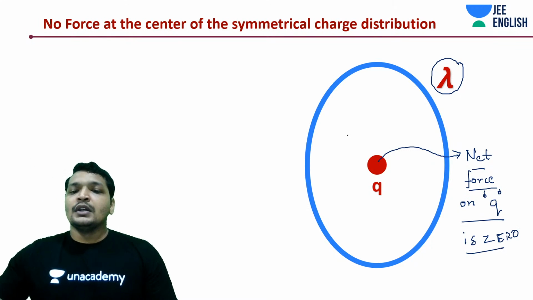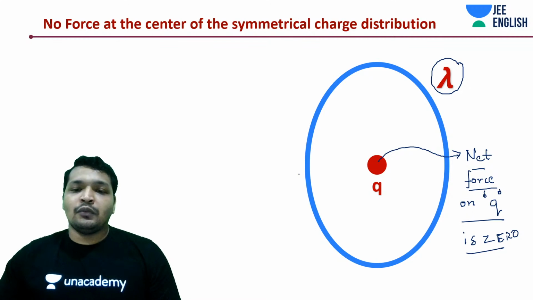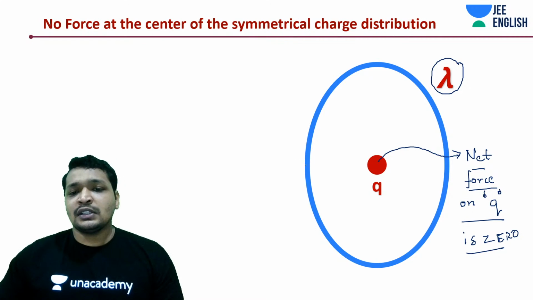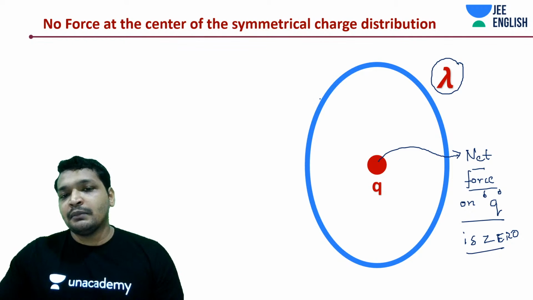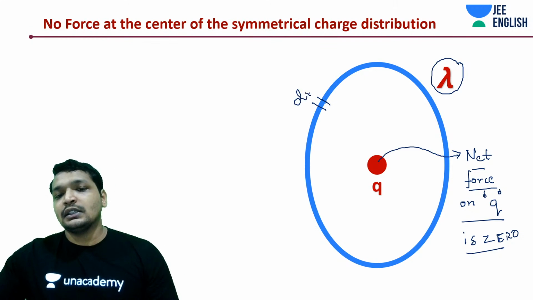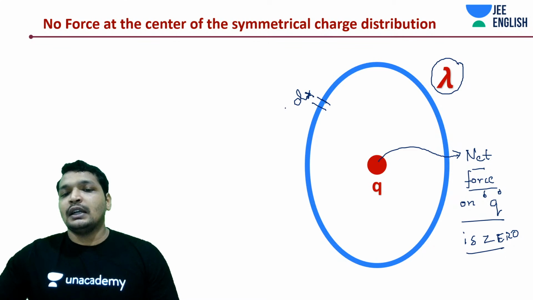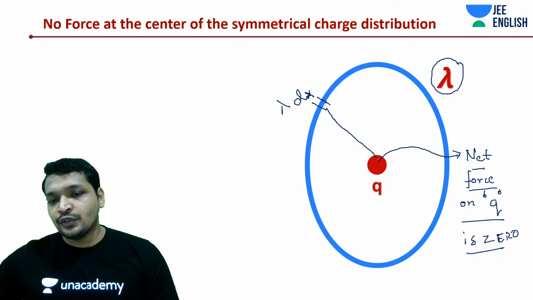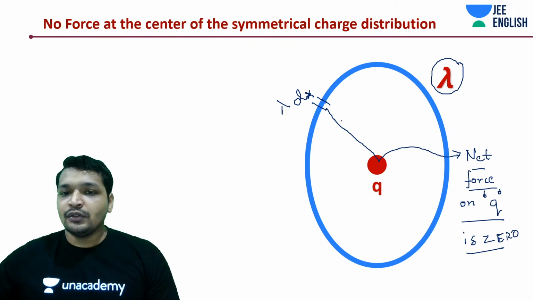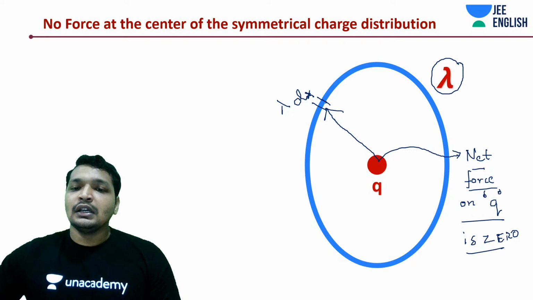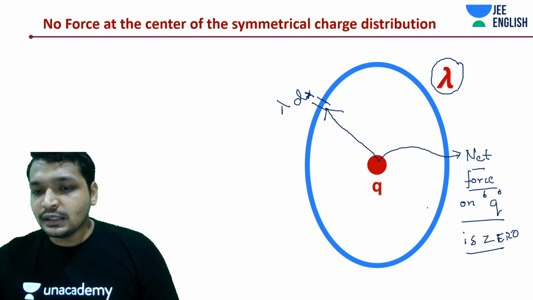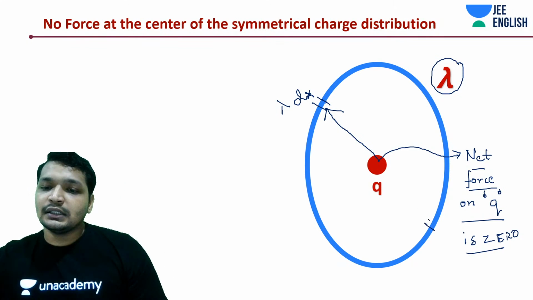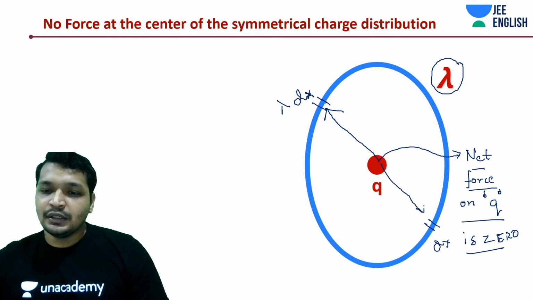Okay, so one way to understand this concept is, if I take any random dx element over here, and the charge on it is lambda dx, how much ever force this is going to, let's say they are unlike charges, and this is pulling it, and similarly there would be another such dx on the ring that is going to pull it in the opposite direction.